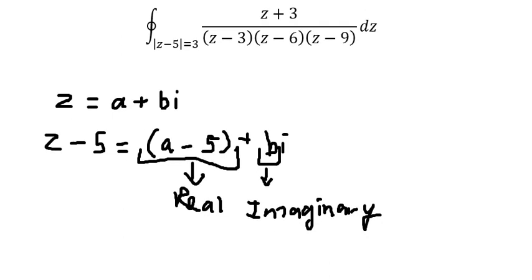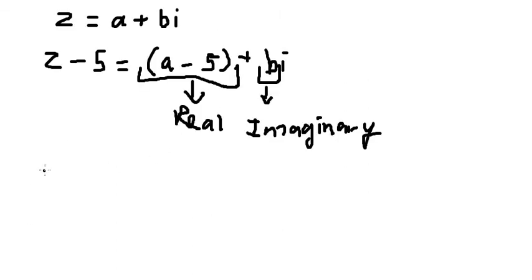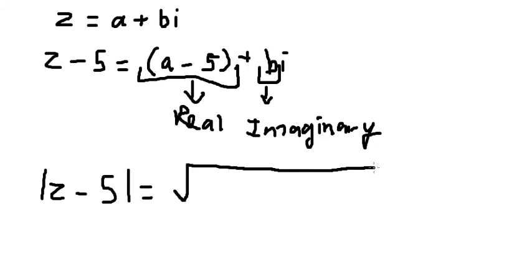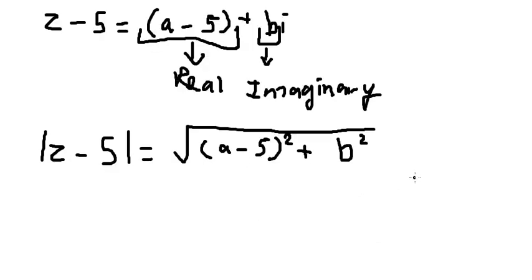Because that is inside the absolute value, we will have the formula in here. So we have (a minus 5) to the power of 2, and the next one b to the power of 2, and we know that this equals number 3.